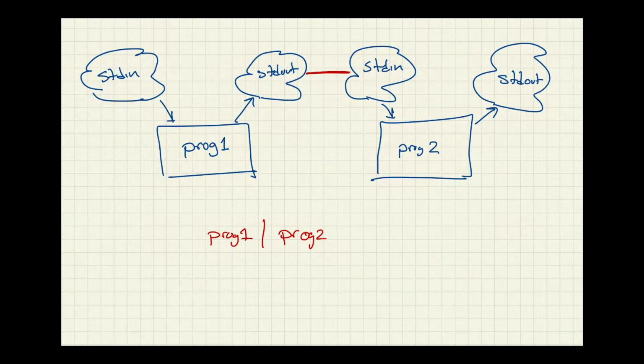So I could do something like program 1, redirect errors into error.log, but pipe standard output into program number 2, which is also having its errors redirected into, let's say, /dev/null, which causes those error messages to just be flushed away so you never see them.